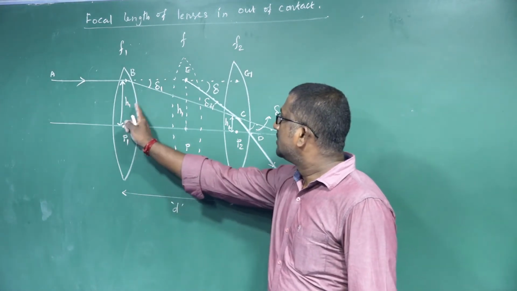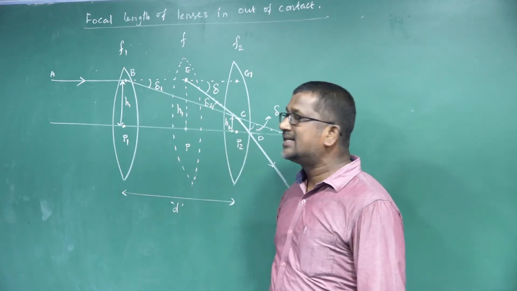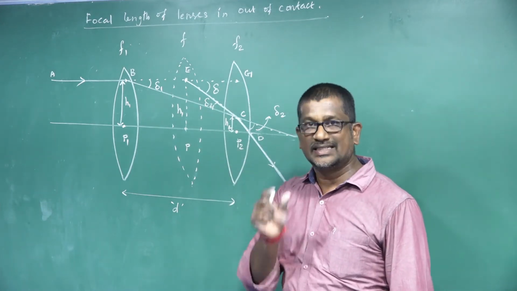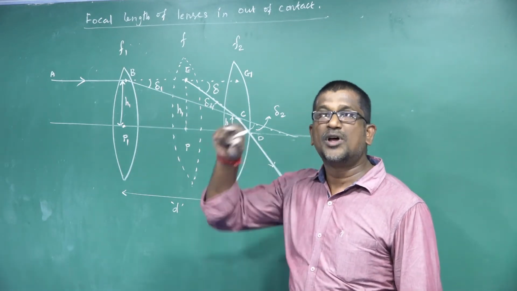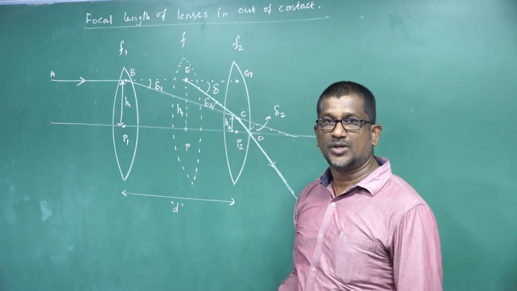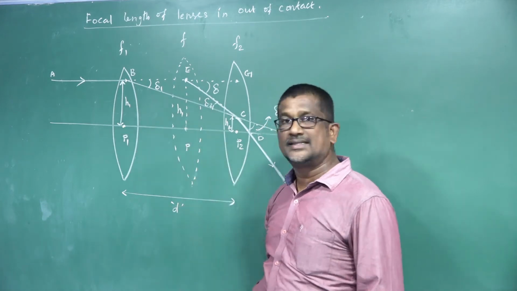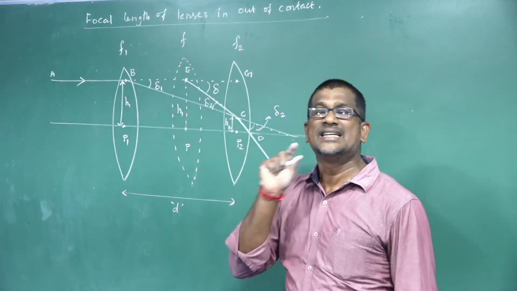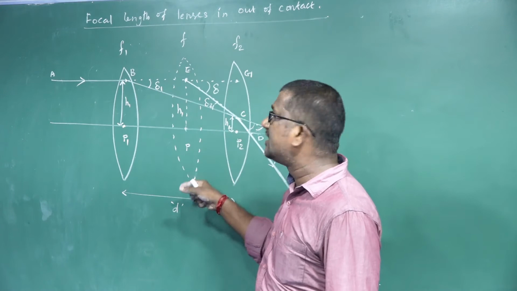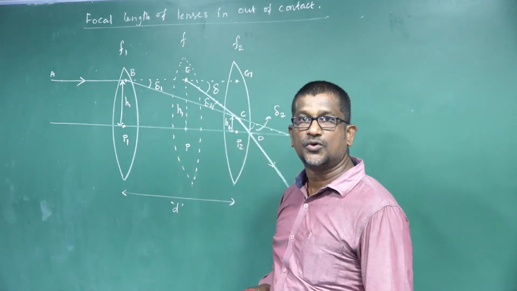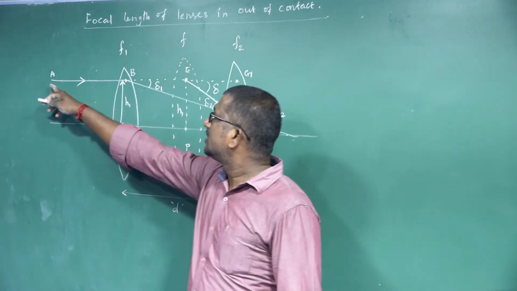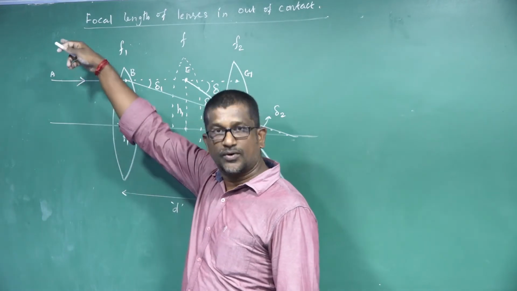The combination of these two lenses can be treated as a single thin lens if the object is placed at infinity, a single thin lens whose focal length is f. Here, this is one of the rays of light from the object.